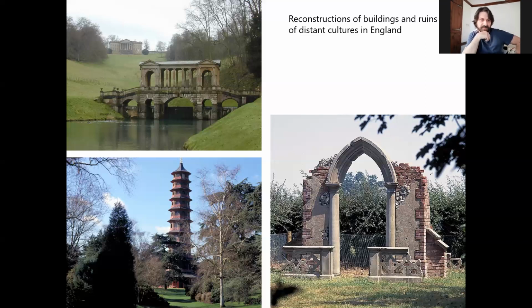A Chinese pagoda, for example, you see in the lower left corner and on the right corner, we see a ruin. It's a Gothic ruin, but it's completely fake, built in an England garden, English garden. And there are mixtures of it, just like in the Cabinet of Curiosity. We have the mixtures of it.